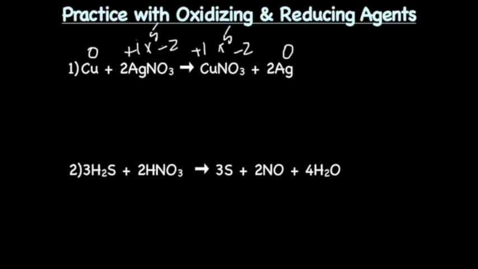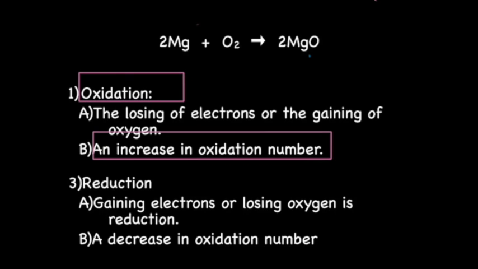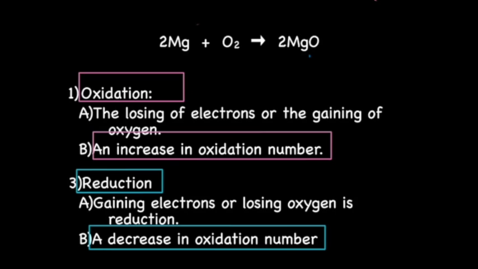Okay, so now that we have all these oxidation numbers, how do we figure who has been oxidized and who's been reduced? Well, remember that an increase in oxidation number is oxidation, and reduction is a decrease in oxidation number.